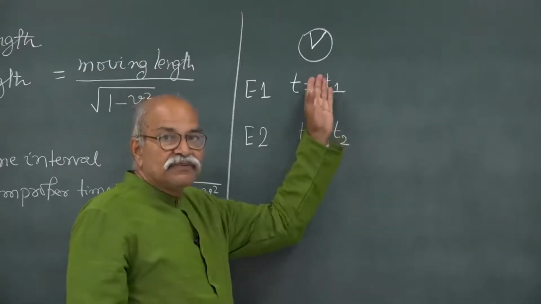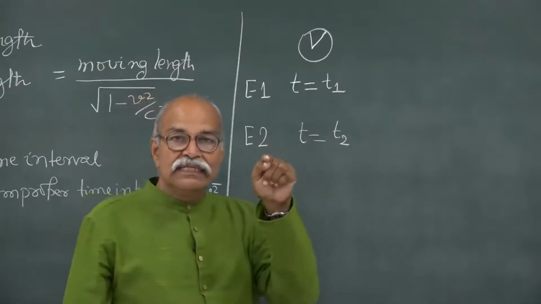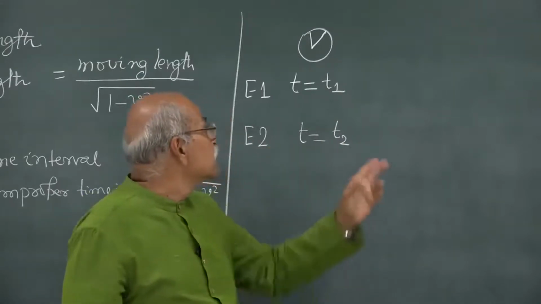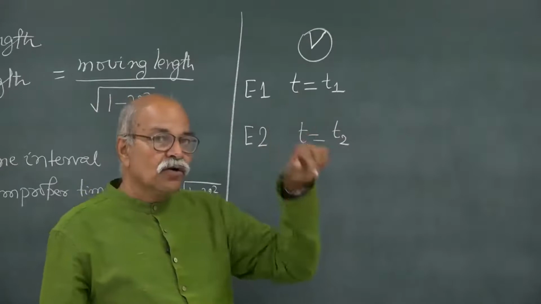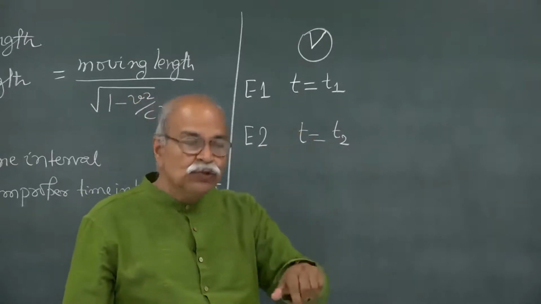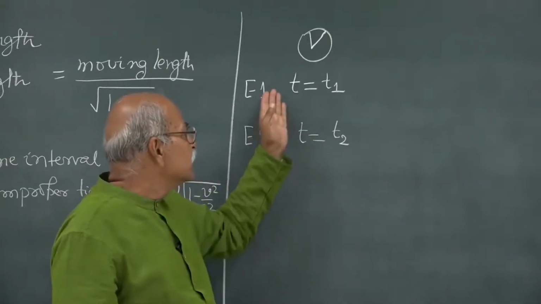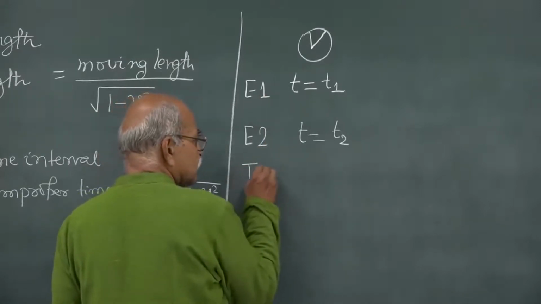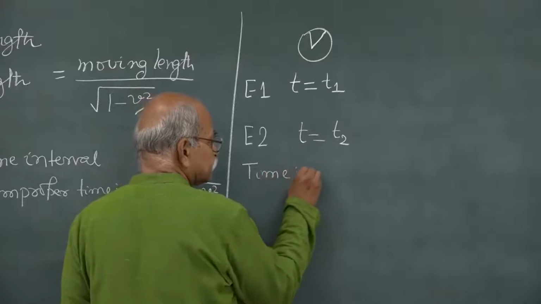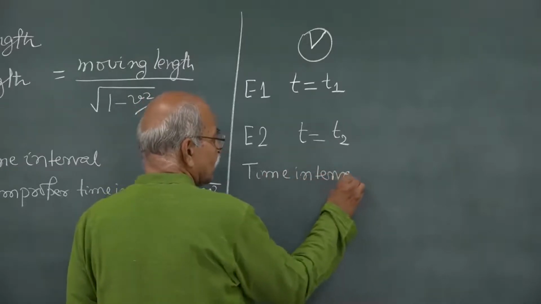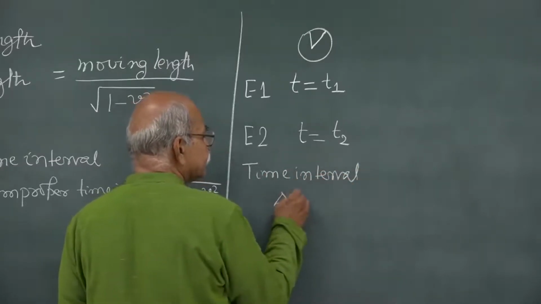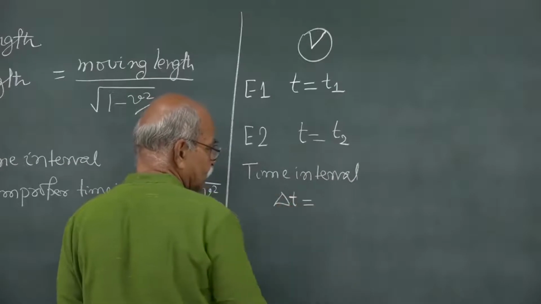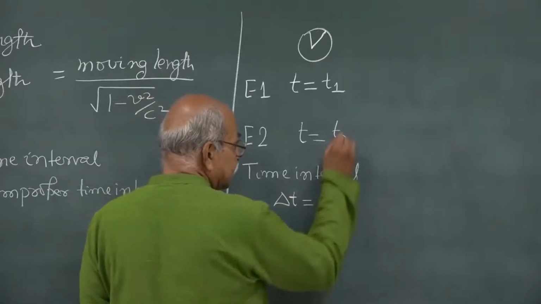So, these are two different events, clock reading time t1, that is the first event, and then clock reading time t2, that is the second event, and the time interval delta t is t2 minus t1.